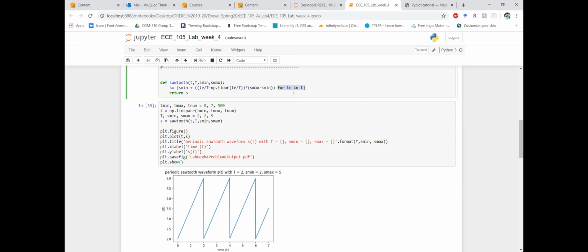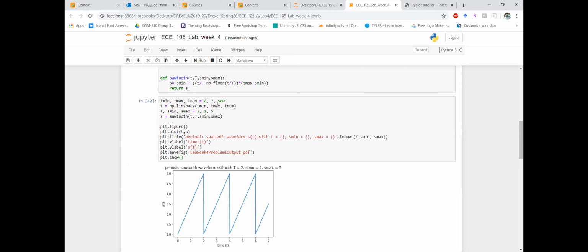I don't think you need a loop. You don't need a loop for the sawtooth function, to be very honest. You can just put the function over there and return that. You don't need that. Like this. Yeah, I mean, that should work. Yeah, you don't need the loop. I don't see a reason why you should need a loop. But S min, S max minus S min, okay. Return S.